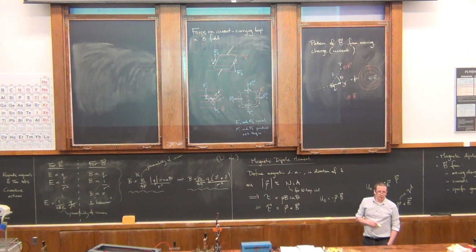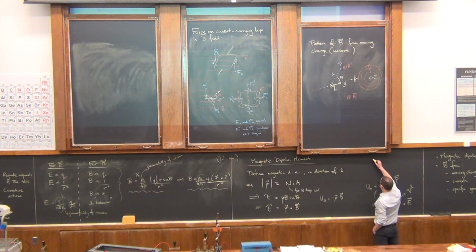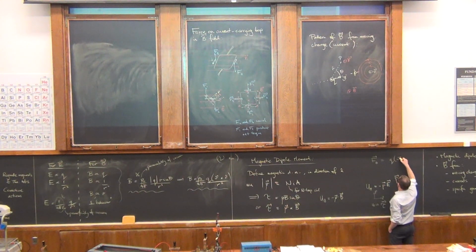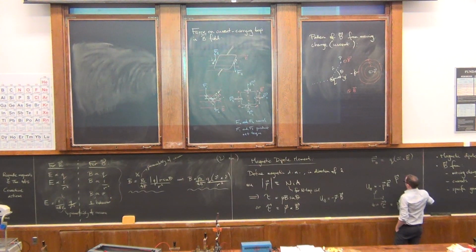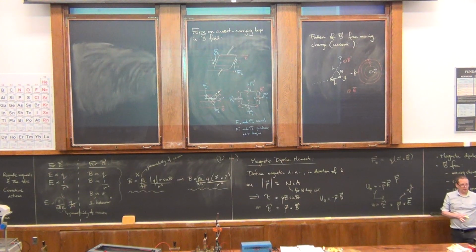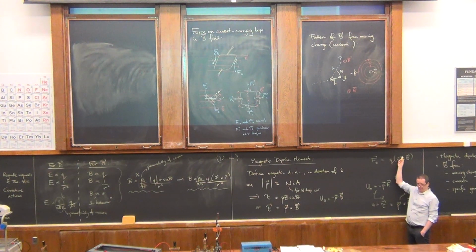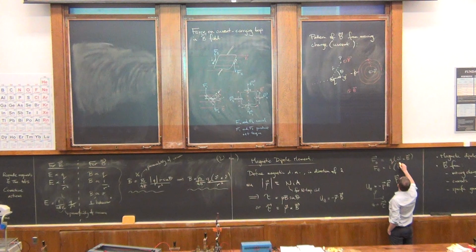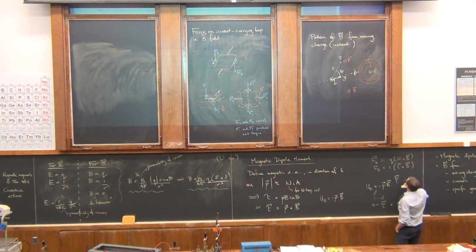All right. Now, also on Tuesday, you'll remember, and I apologize, I'm kind of going all over the place here, we had the force on a moving charge in an external magnetic field. It can be written like this. What we did on Tuesday was do a very simple analysis that allows us to go from a single charge with a certain velocity to a current moving along a length of current carrying conductor.